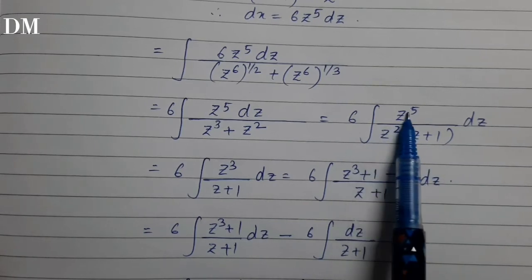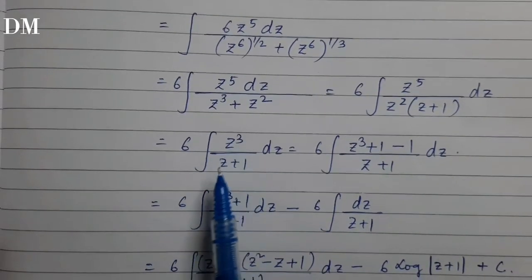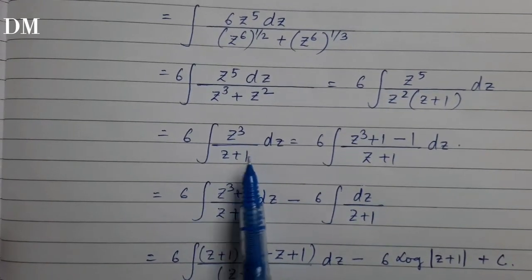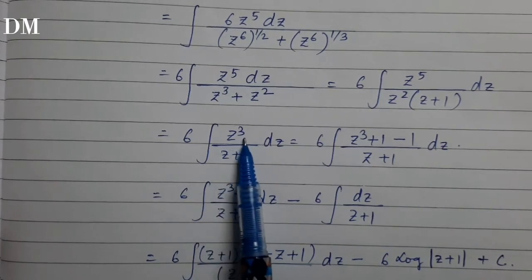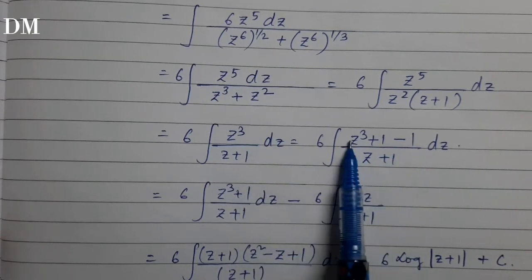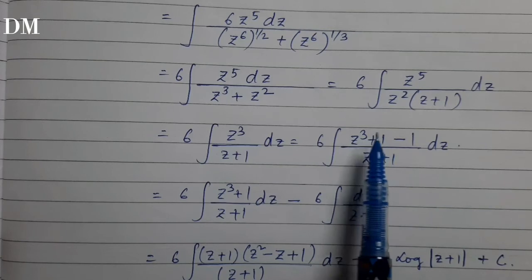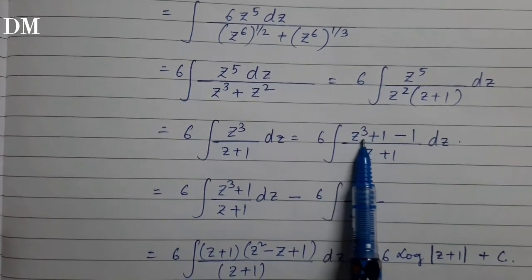Now z square and z to the power 5 can be cancelled out, so it will be 6z cube by z plus 1. Now in the denominator it is z plus 1, so in the numerator we can write z cube plus 1 minus 1. Because we know there is a formula for z cube plus 1, and in the formula of z cube plus 1, z plus 1 is a factor.